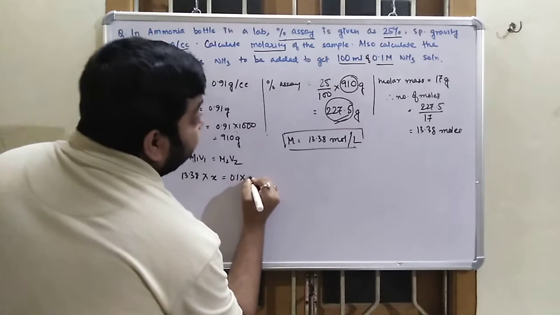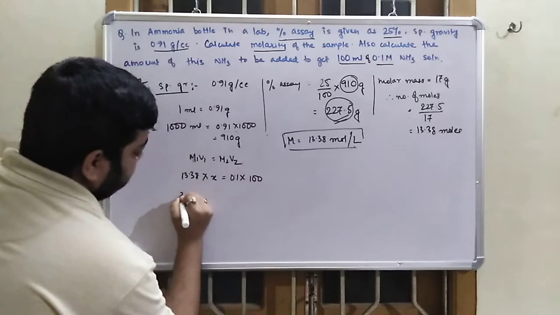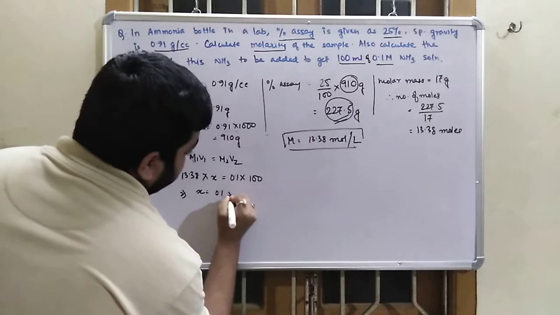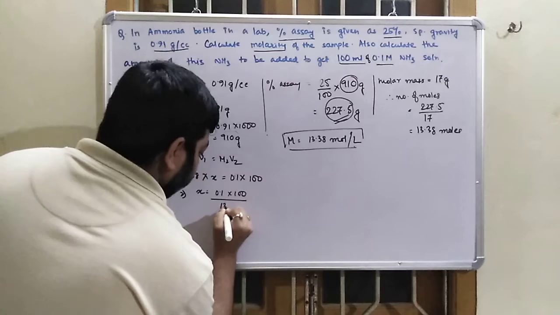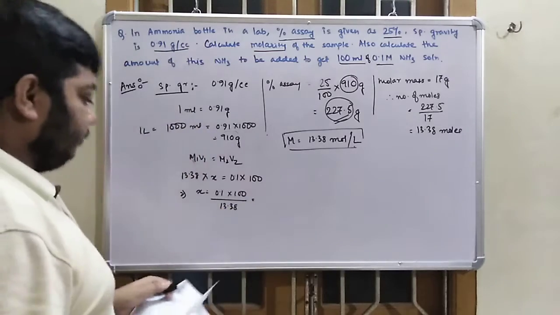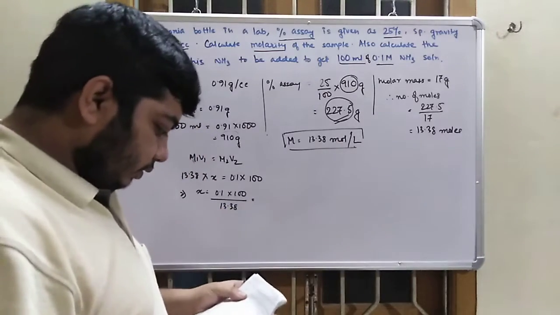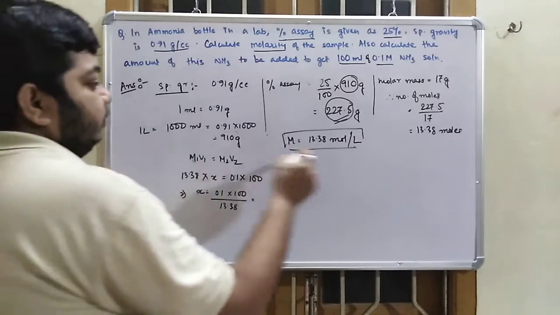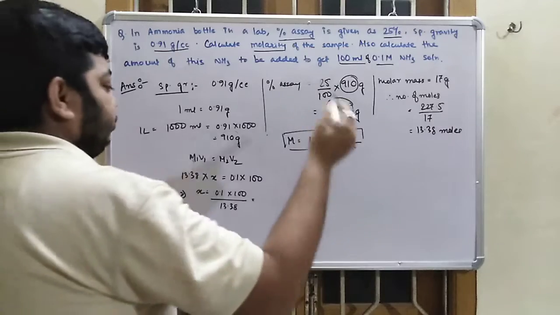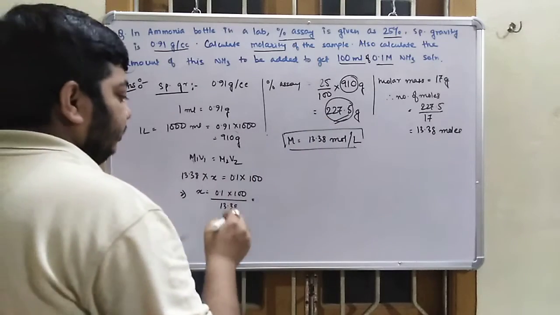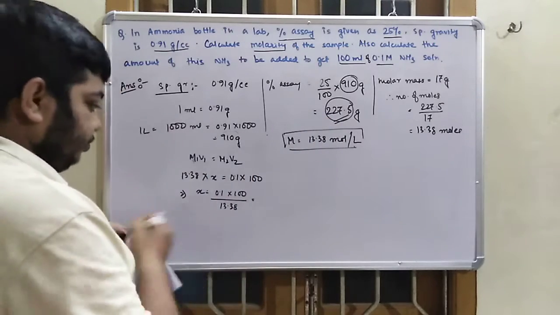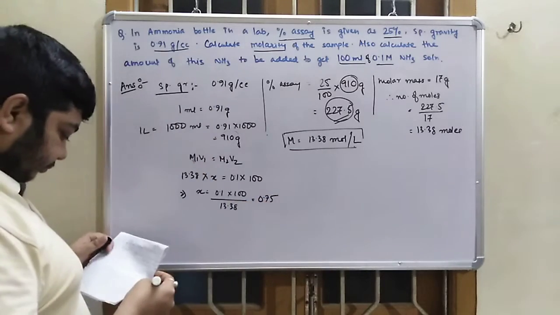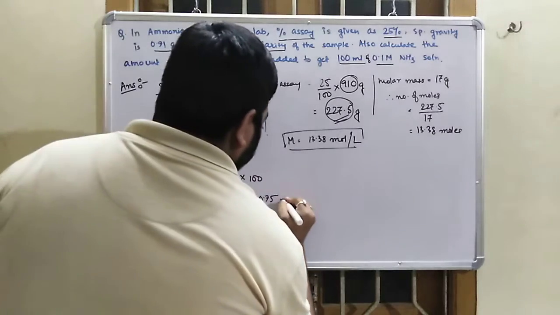Molarity is 0.1 and 100 ml. Right? So X, that is the amount of 13.38 molar solution of ammonia that is to be added, is 0.75 ml.